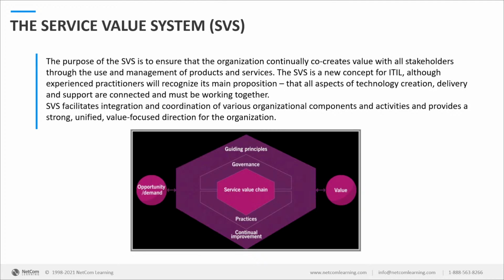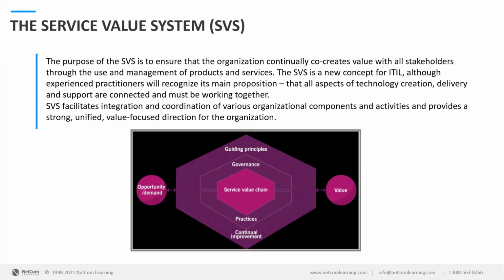Then comes the service value chain. Service value chain is considered to be the heart of ITIL. It includes specific elements which are supposed to be followed in a defined sequence to make sure a proper valuable service or product is created.